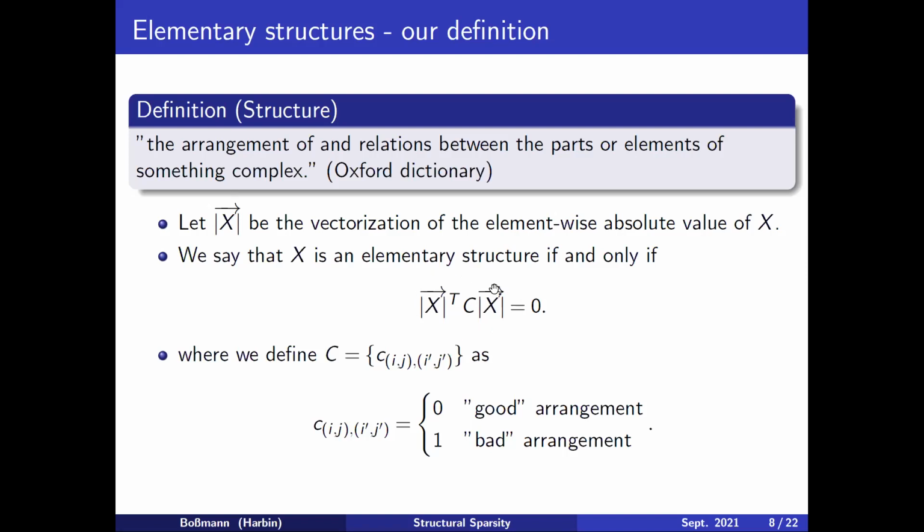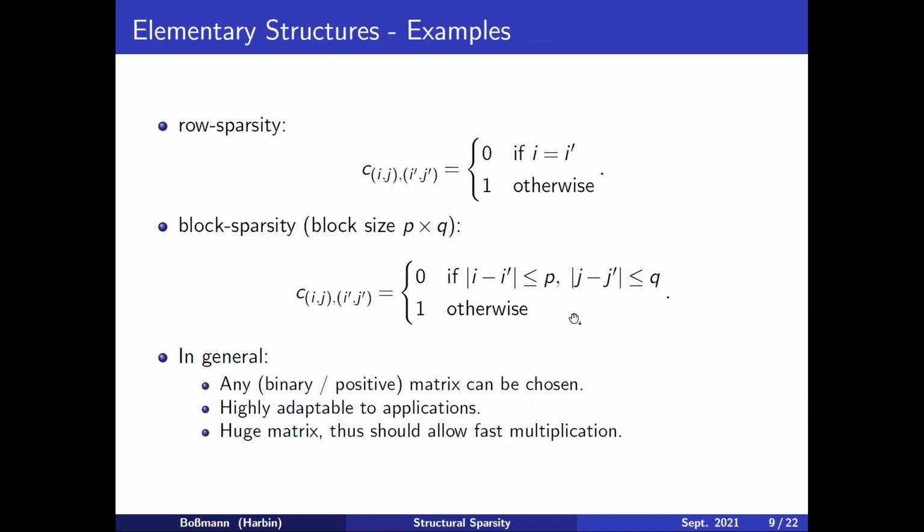Now let's have a look at whether this is useful for something, and for this, first two simple examples. We have seen row sparsity and block sparsity before. So now we try to write the row sparsity and the block sparsity in the form of this matrix, and this can be done very easily.